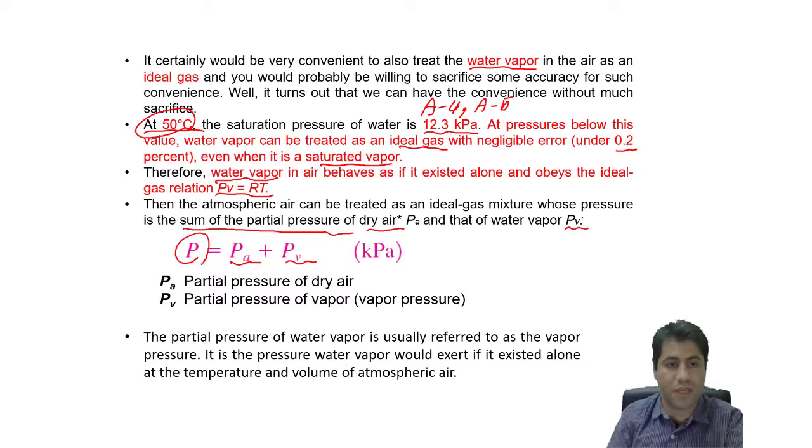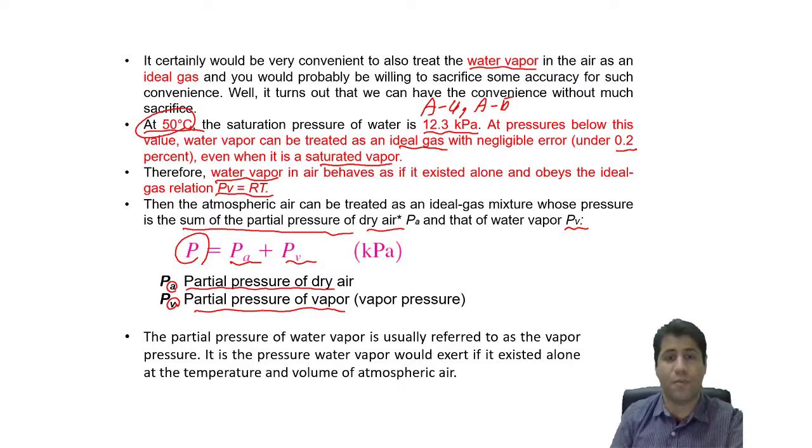So P is the pressure of the atmospheric air, which is equal to PA plus PV, where PA is the partial pressure of dry air and PV is the partial pressure of vapor. From now on, anywhere we have A, it means dry air, and V means vapor or water vapor.